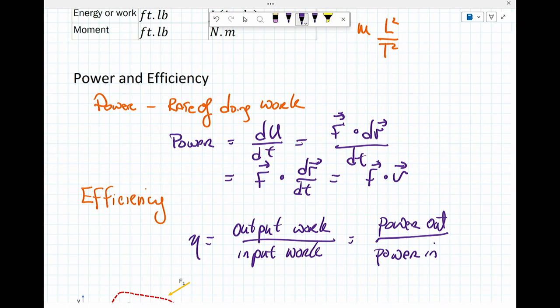When you look at power, it really matters how you're getting it out. For example, if you input 1,000 kilowatts and you get 1 watt out, you're not very efficient. So efficiency is also an important measure of what you actually are doing and how effective it is.